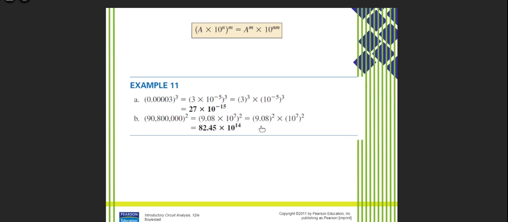First, I will bring 9.08 to the power of 2, and then 10 power of 7 to the power of 2. And then this one becomes 82.45, and this one becomes 10 power of 14. Any question?